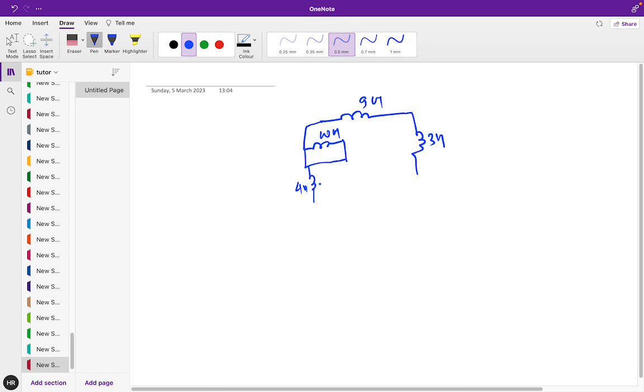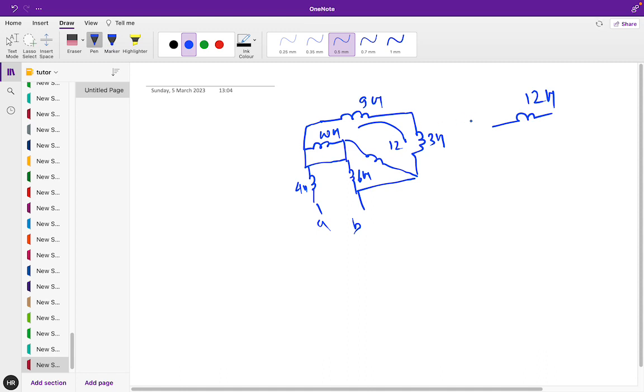This is 4 Henry, and this is 6 Henry, and this particular one is 12 Henry, and it is connected like this. So this is A, this is B. So we are getting this as a series connection, so it's a 12 Henry.